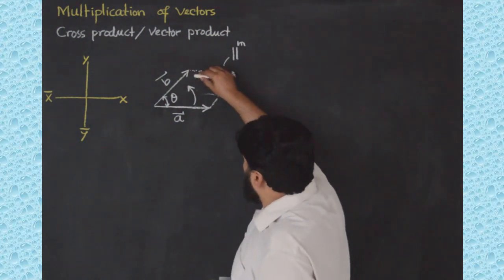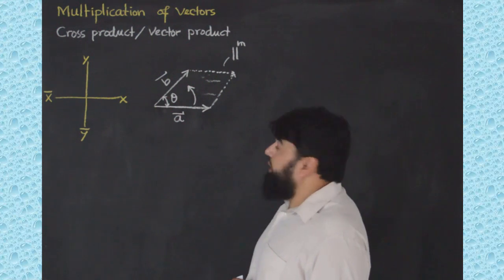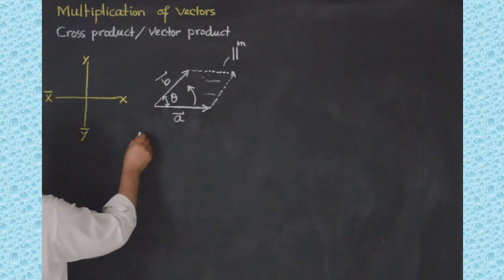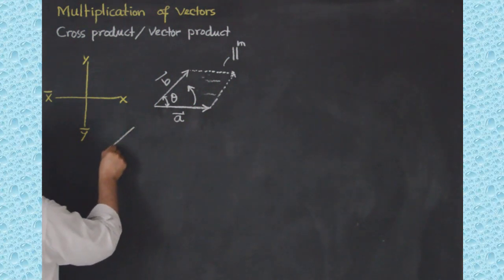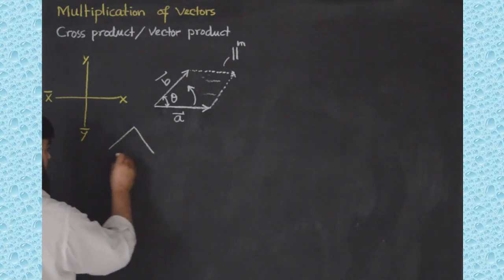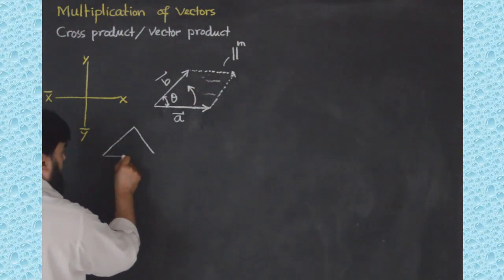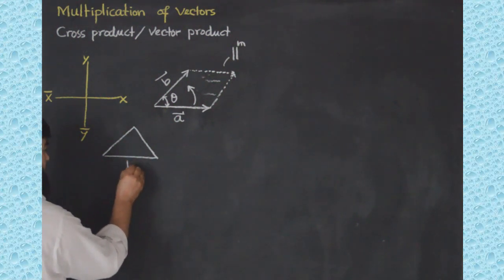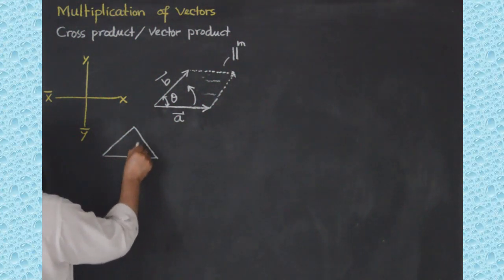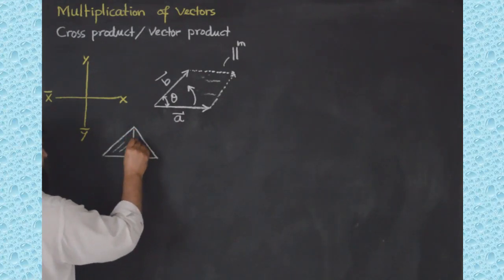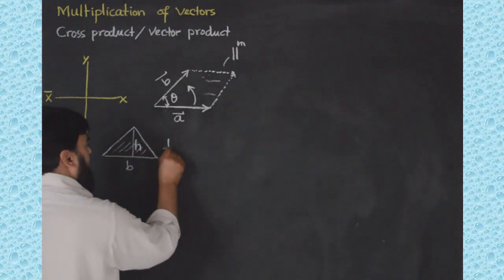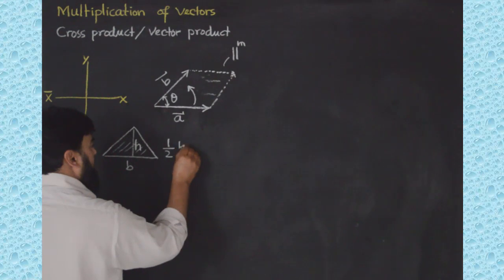Now how much is this area? If I consider a triangle, and this is the base B, what is the area of this triangle? If the height of the triangle is h, then the area of this triangle is half BH.